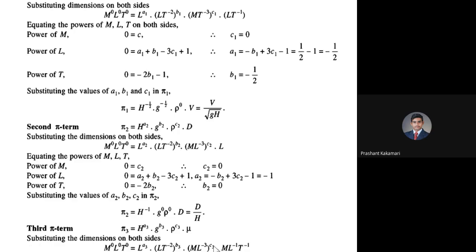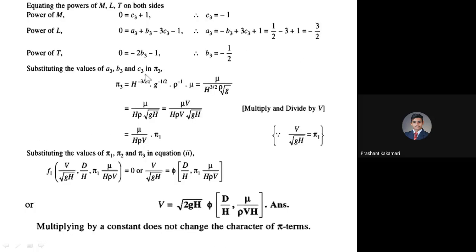Okay. Now once you consider these MLT equations, LHS and RHS, we are going to compare these powers. So 0 equal to, what is that 0 equal to with respect to M? For equation M, 0 equal to c3 plus 1. This is written here.